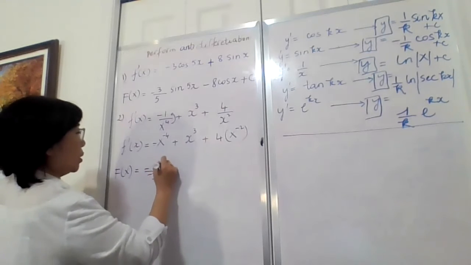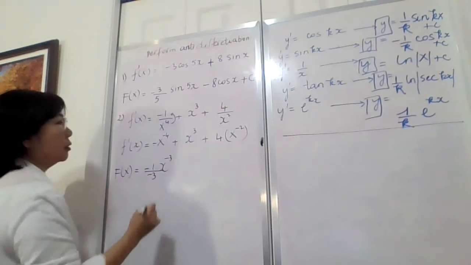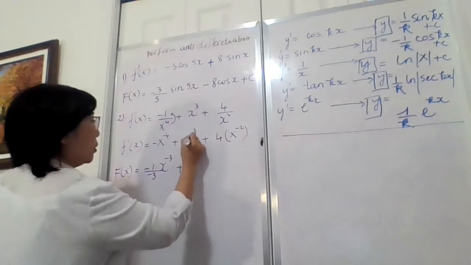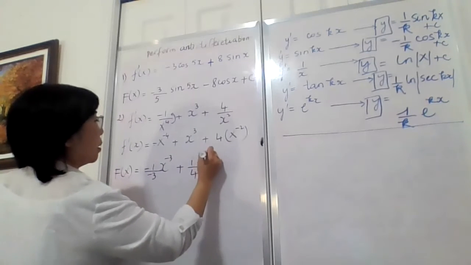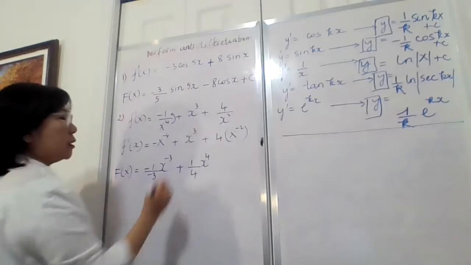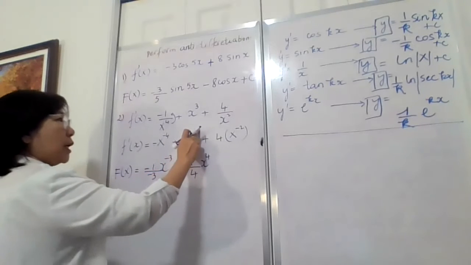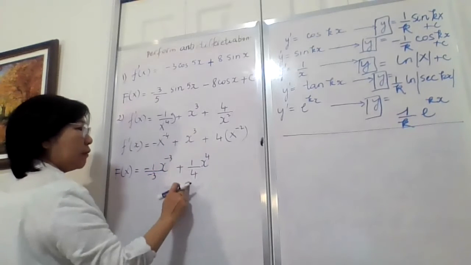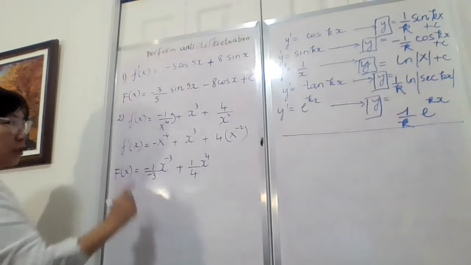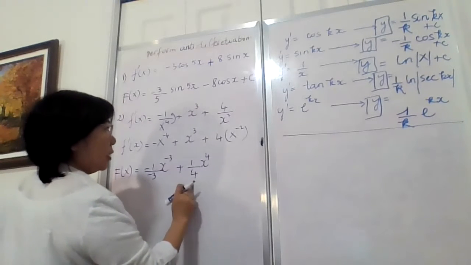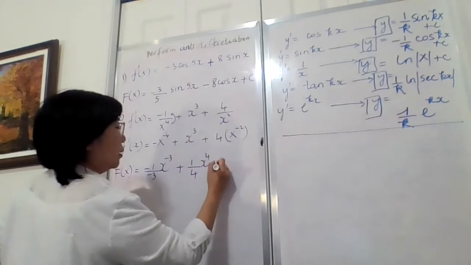And this x will change to become minus 3, adding with 1 over 4, x to the power 4, right? Remember, we add 1 into the power and then divide by n plus 1. In the first lesson, I showed you how to do that already, right? So now we should apply it.